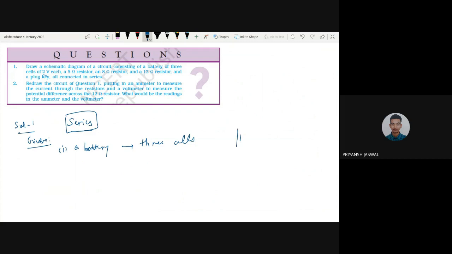So its symbol will be like this: 1, 2, and 3 cells combined in series. Each of the cell voltage is 2 volt. It's given in the question. So the battery voltage will be 3 cells, that is 2 plus 2 plus 2, or 2 into 3. So V battery will be 6 volt.